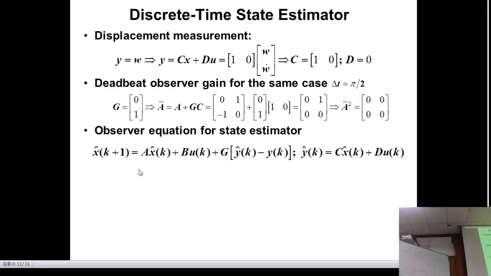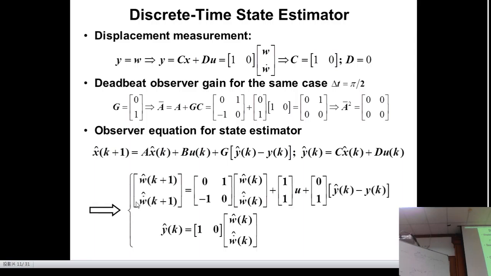So in the observer equation here, if you look at this carefully, I have a G there, and Y hat is my estimated output. The Y without hat is your measurement, your true measurement. So this is the estimated state equation we call the observer state estimator. You can estimate your W hat and your W dot hat through these equations.